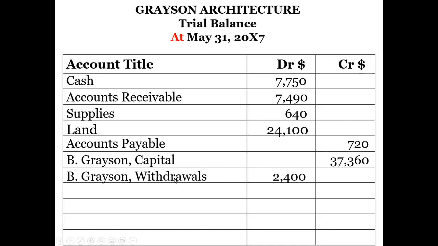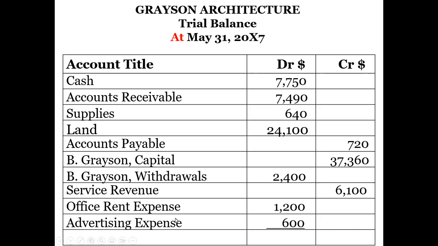Next, we have Grayson withdrawals with a debit balance of 24. Now we are on to revenue. Our service revenue account has a credit balance of 61. Then we have our office rent expense, a debit balance of 12, and advertising expense with a debit balance of 600.